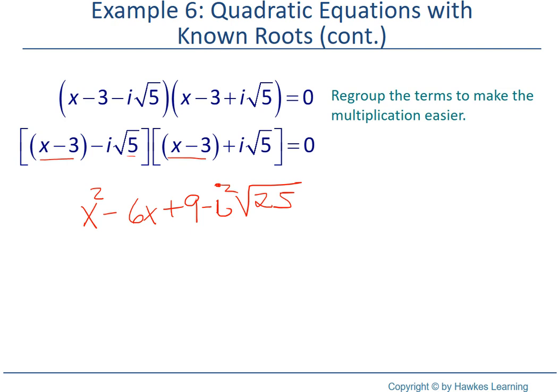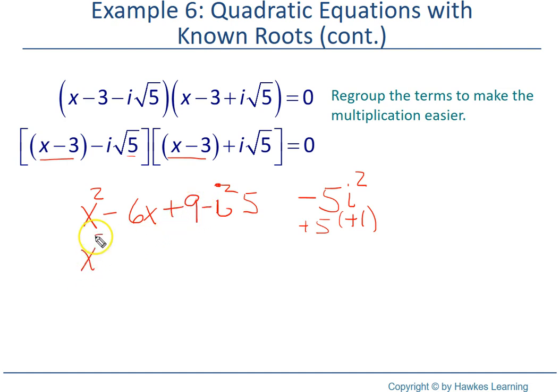All right, let's just erase a little bit here to save a little room. So the square root of 25 here, this is going to be a 5 here. And what did we say i squared was? Now remember, it's sort of a -5 i squared. We said i squared was a -1. So -1 times a -5, this is going to give you a +5 here.